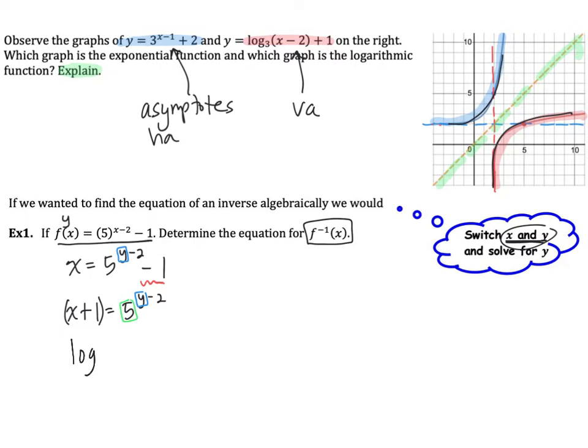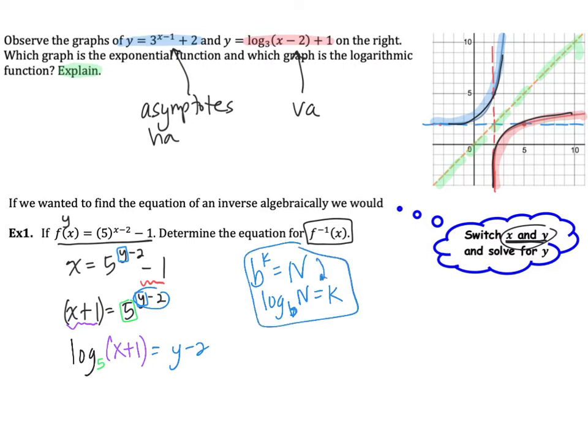Well, this is the base of the exponent, so that's the base of my log. So log base 5 of x plus 1 equals y minus 2, right? So remember, it's b to the k equals n. That's the same as log base b of n equals k. So I'm using this rule to change exponential form into logarithmic form.